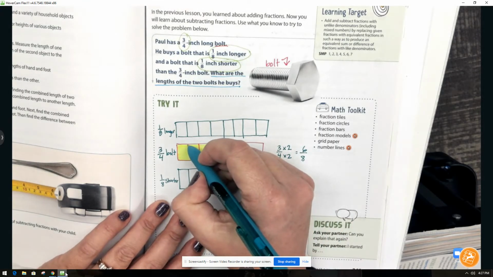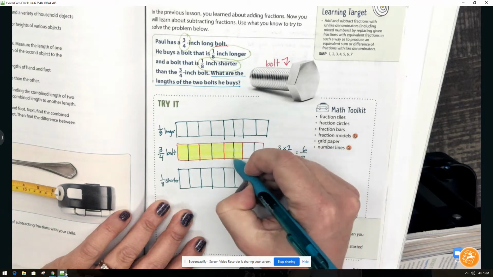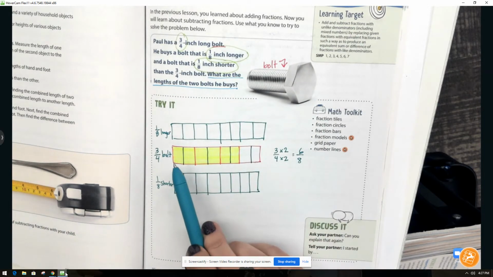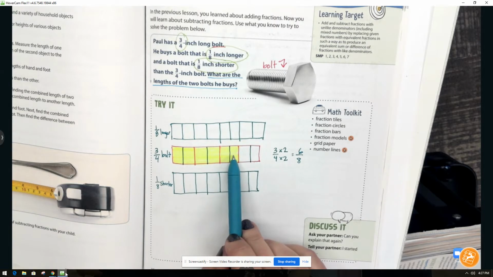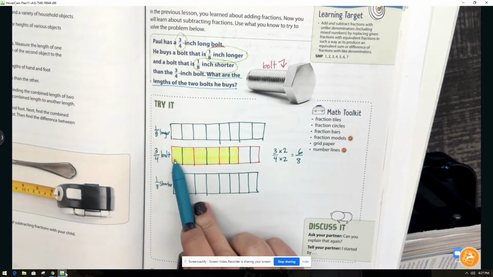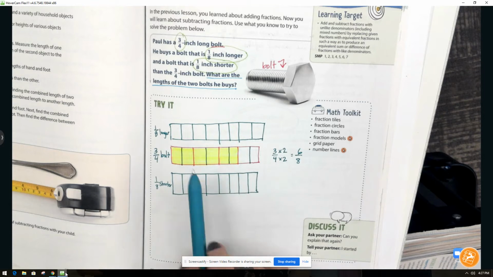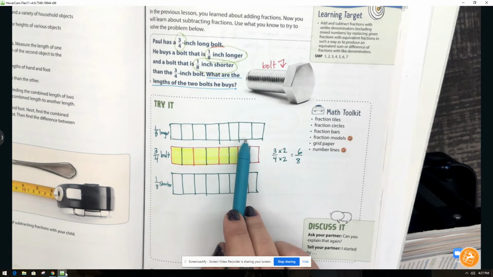So what I can do is break my whole up into eighths. And then look at that. Let's make sure we've got 6/8. 1, 2, 3, 4, 5, 6. Good, so we're good. Now we have our bolt that is 3/4 of an inch long, or 6/8. And now we're going to draw a bolt that is 1/8 of an inch longer.